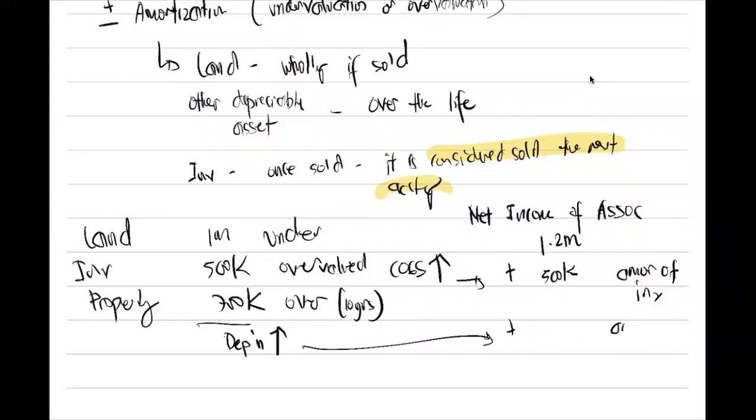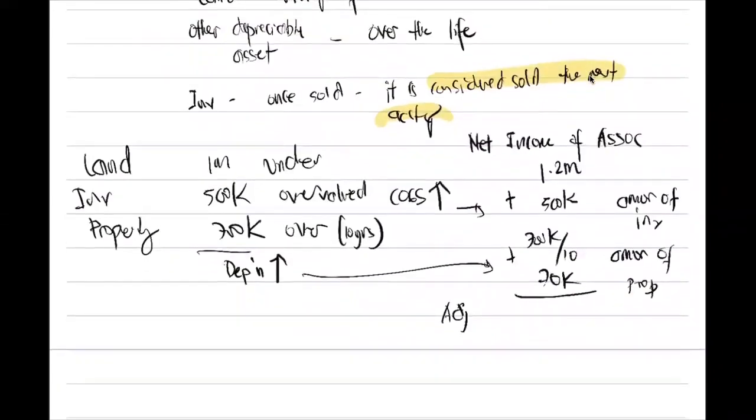So amortization of property, 700,000 divided by 10, so we have 70,000. So what is the adjusted net income? So our adjusted net income is 1.2 million plus 500,000 plus 70,000, we have 1,770,000. So multiply it now to your percentage of ownership, 25%.